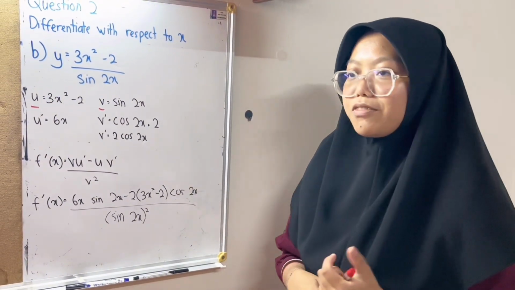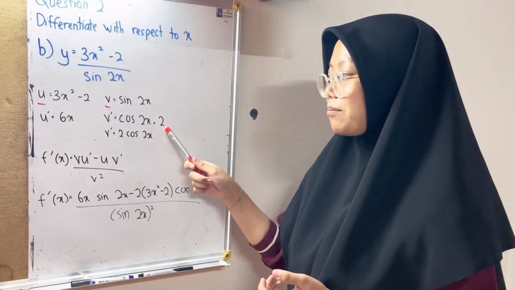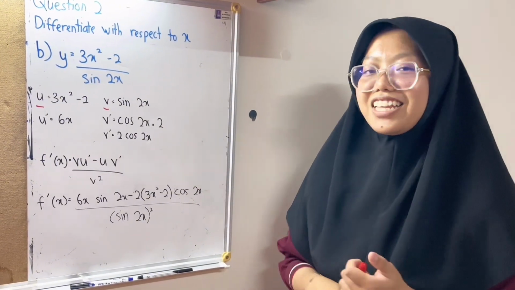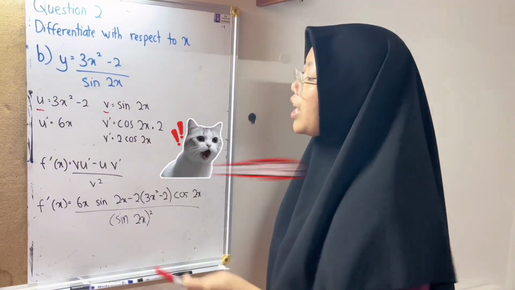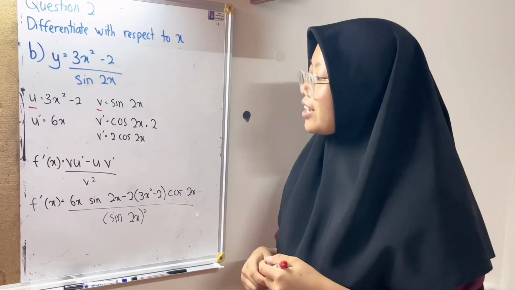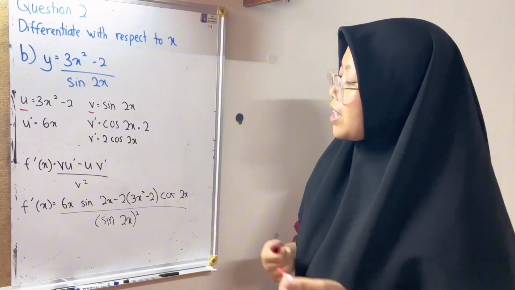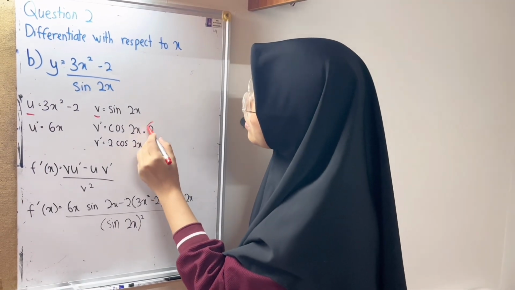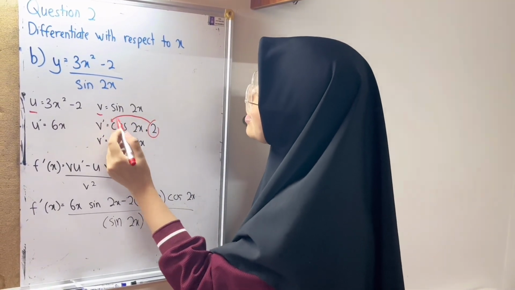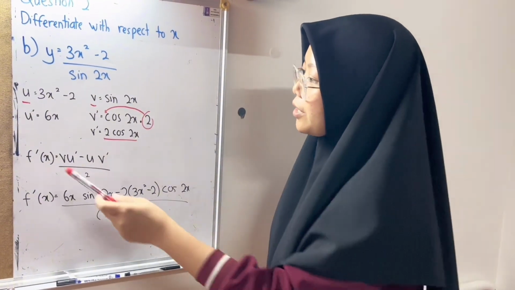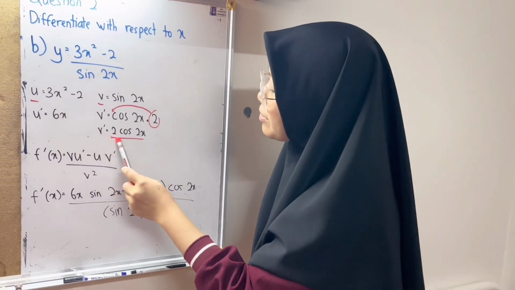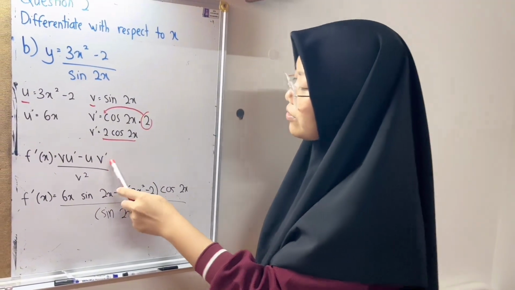The 2 comes from the derivative of this number. Okay, 2x and 2 we cannot multiply because 2x comes with cos. So the best way is we bring 2 to the front. Okay, so we got this. And now we bring U prime, U, V and V prime and substitute with this formula.